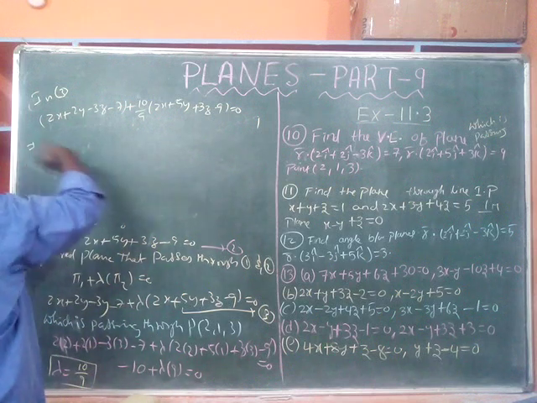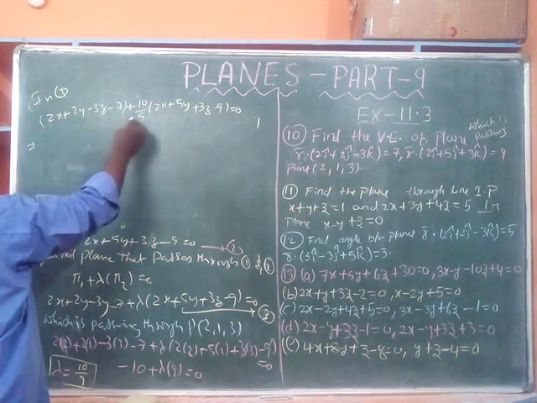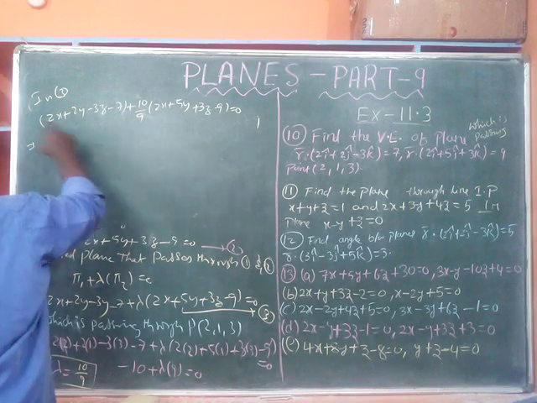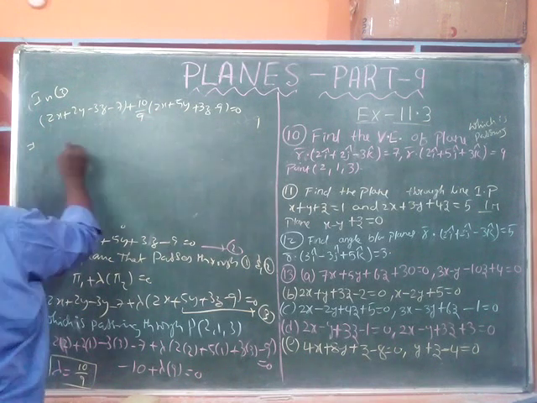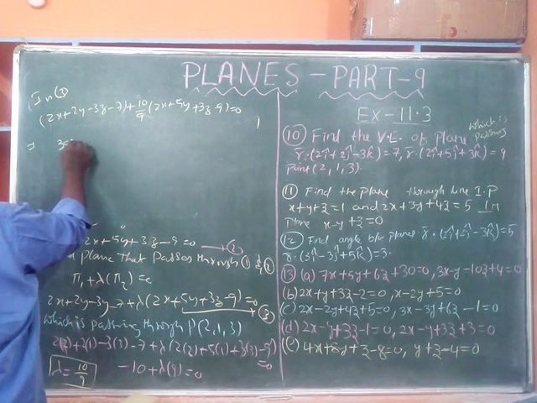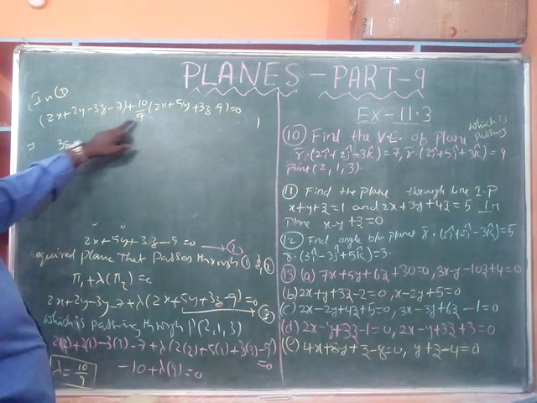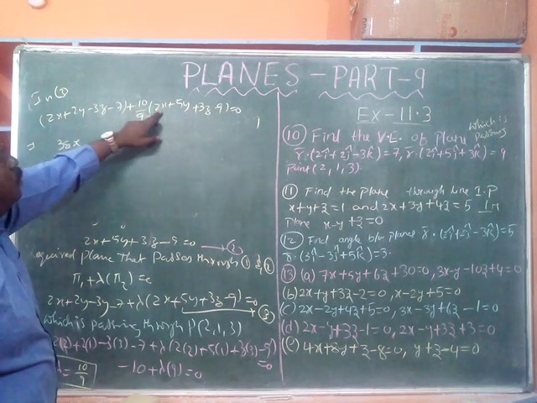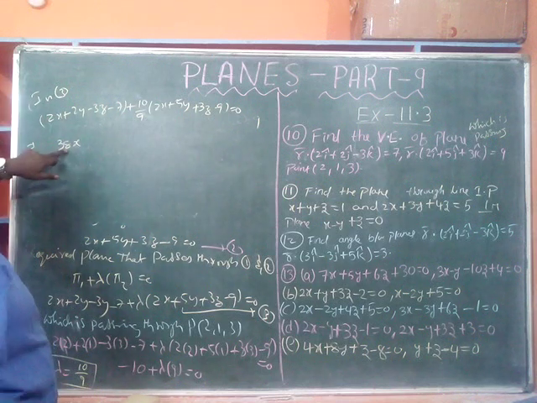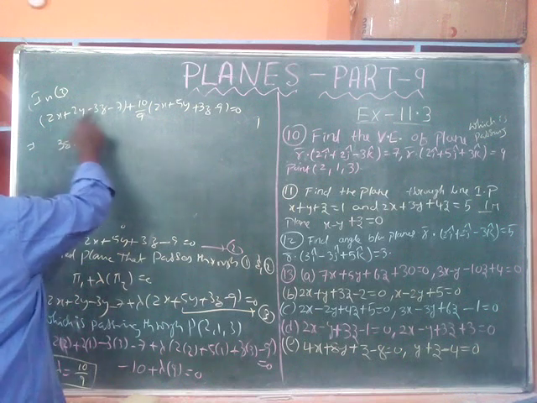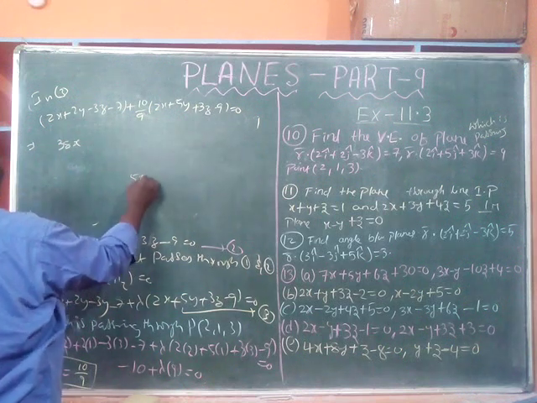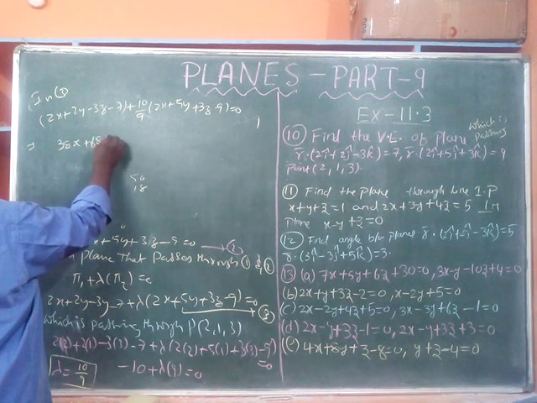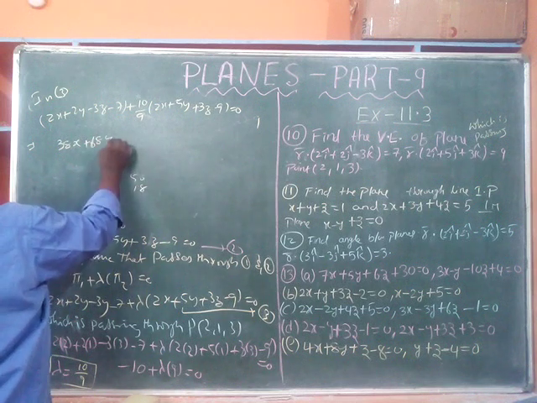That implies 18x LCM. After making LCM, 18x plus 20x, 38x. Will you agree? 9 2's 18, x plus 20x, 38x. 18y plus 50y, 68y.